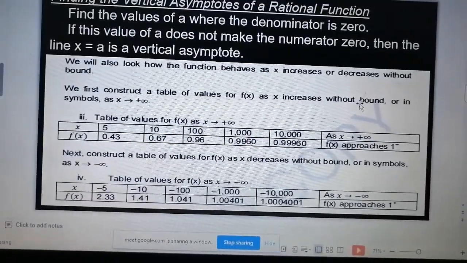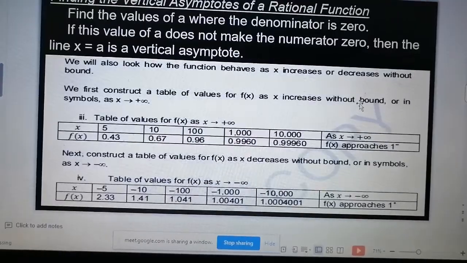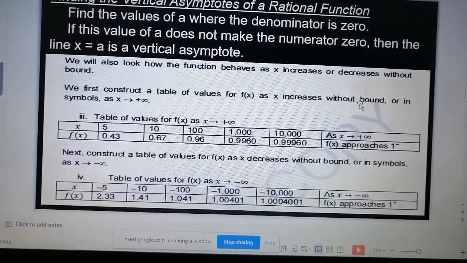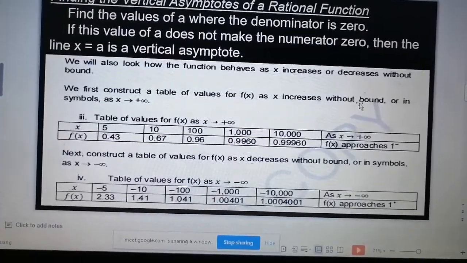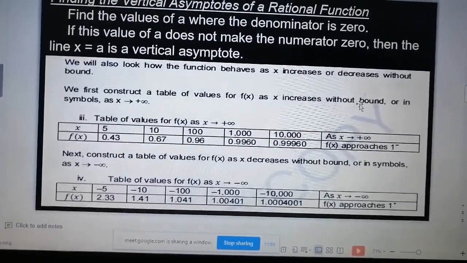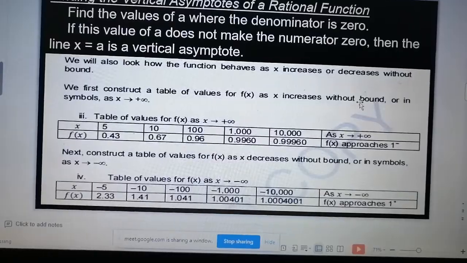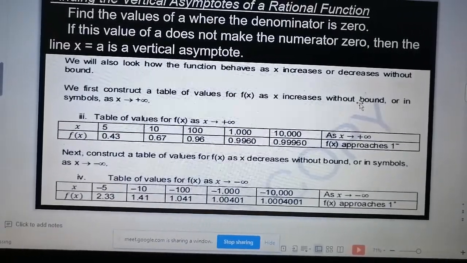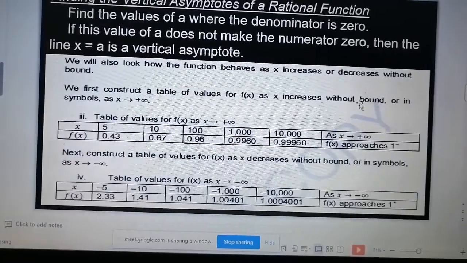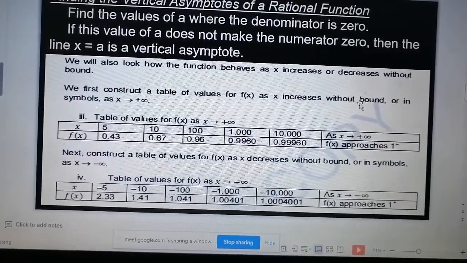Nakuha, Jillian, Christine, Andrea, Ashley. Then, kunin nyo agad, balik kayo dun sa kanina ha, function f(x) is equal to x minus 2 divided by x plus 2. Yung x, palitan nyo ng 5 minus 2 divided by 5 plus 2.